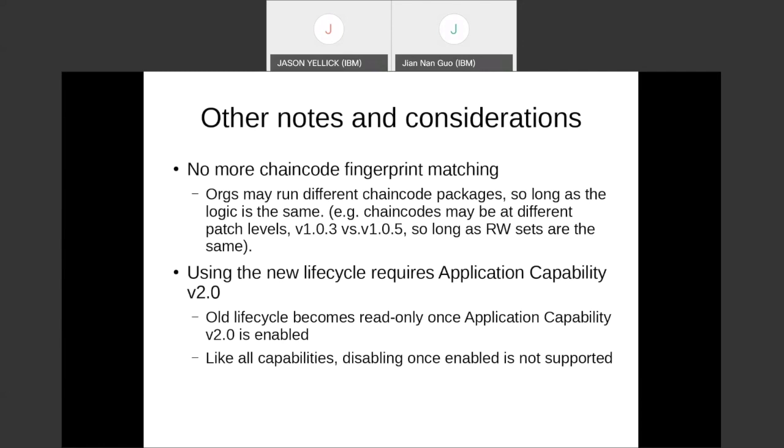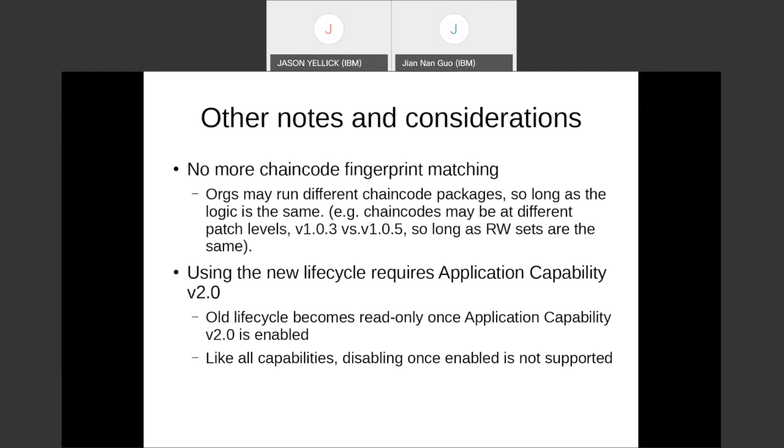Now, they must implement the same logic, and by and large, we would usually expect them to be the same chain code. But going back to one of our examples from earlier, let's say that there's a bug in the chain code, that the chain code forgot to check if the third argument was nil before dereferencing it.